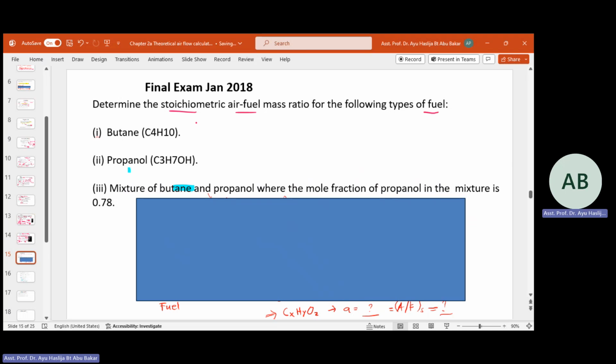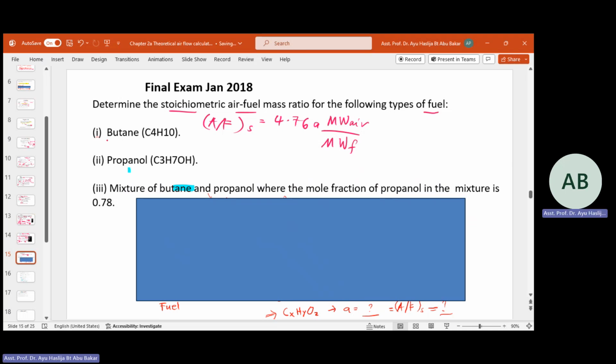Okay, AF, so we just need the A. So stoic just cari daripada fuel given, the A stoic.